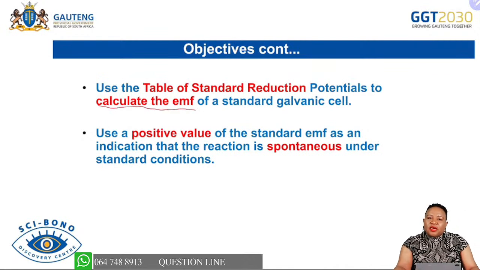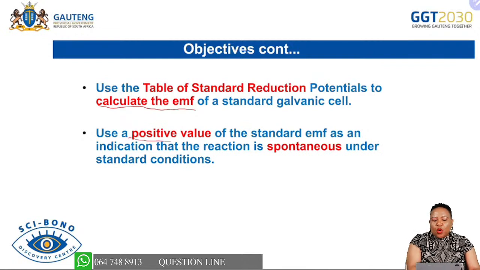As you know, this topic is under chemical change, so any stoichiometric calculation can be included as part of the calculations that can be found in this topic. Not only the EMF will be calculated. So we need to remember how we use any quantitative aspect to make calculations under this topic.